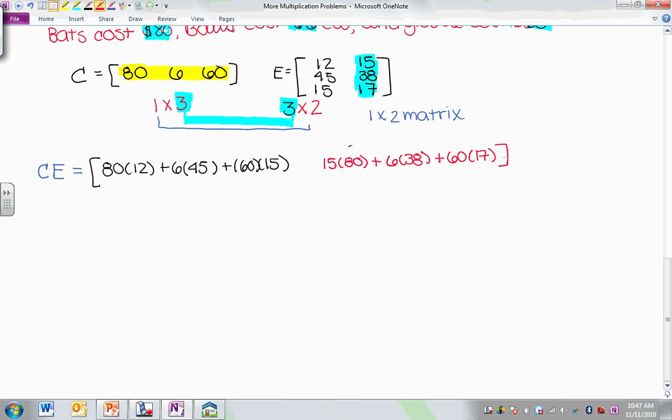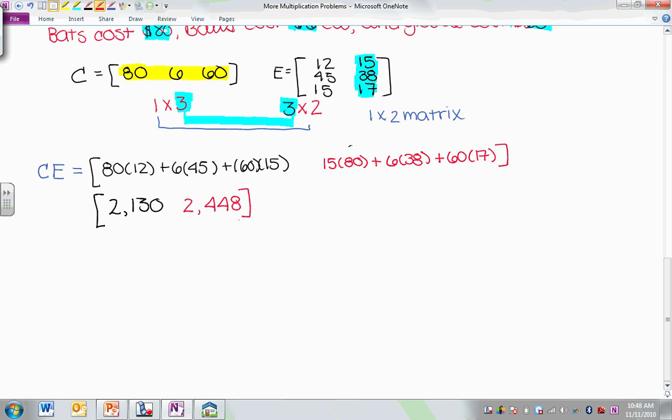So really the thing that I think would make the most sense is just to type all this in on your calculator to get the final answer. So here it's going to be 2,130. And the second entry ended up being 2,448. So that's your matrix.